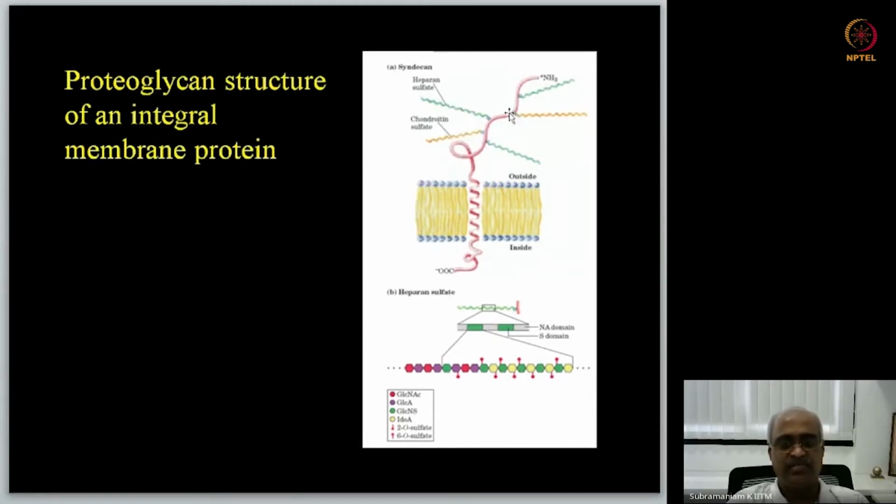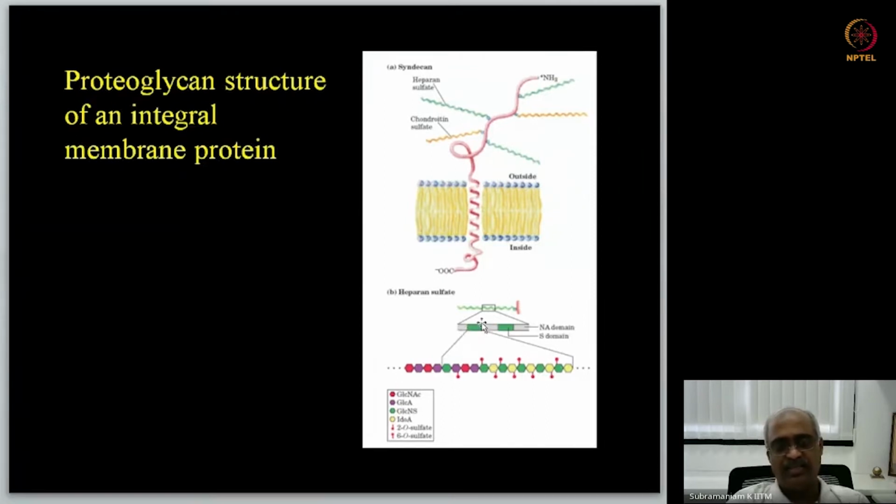Like in this particular example, this molecule has 2 chondroitin sulfate chains shown in yellow and 3 heparan sulfate chains. These now interact with collagen, fibronectin, and so on, and they form a tight mesh network from the intracellular to the extracellular environment.